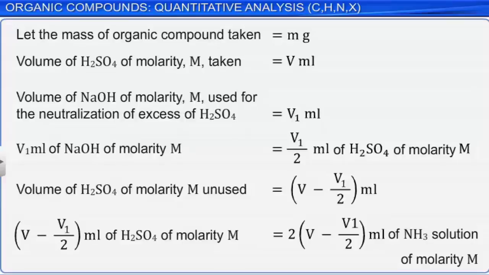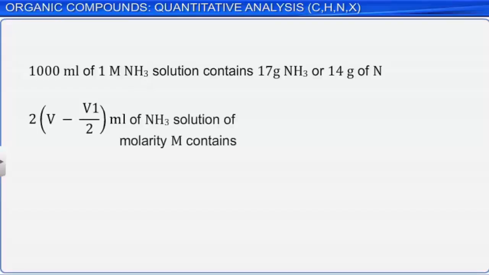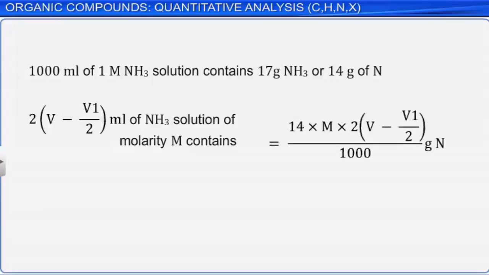We know that 1000 ml of 1 molar ammonia solution contains 17 grams of ammonia or 14 grams of nitrogen. Therefore, 2 multiplied by V minus V1 by 2 ml of ammonia solution of molarity M contains 14 multiplied by M multiplied by 2 multiplied by V minus V1 by 2 divided by 1000.